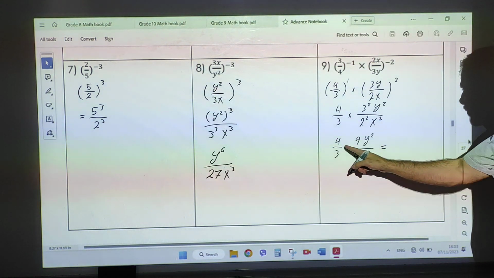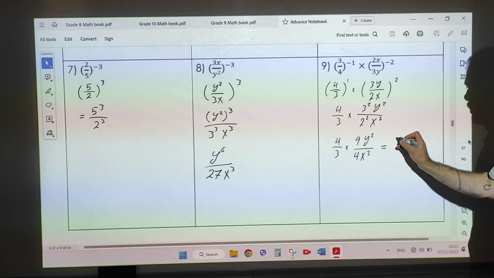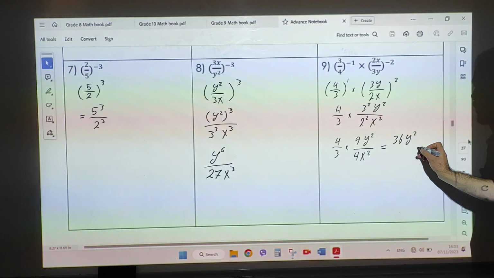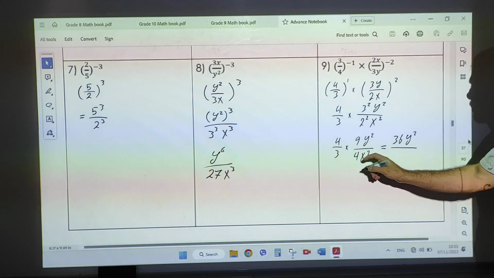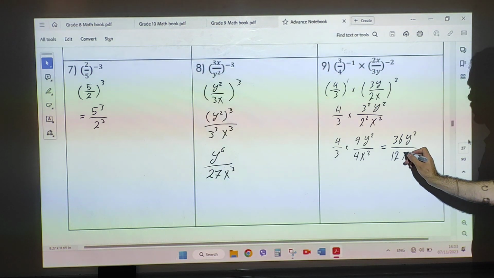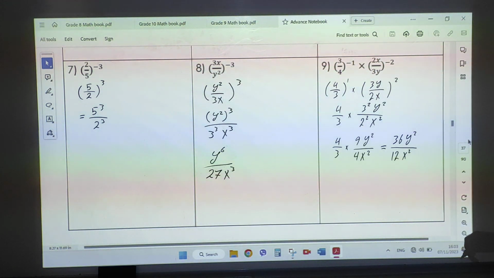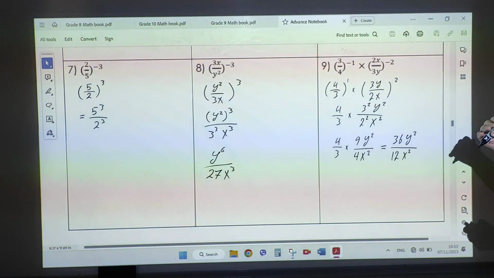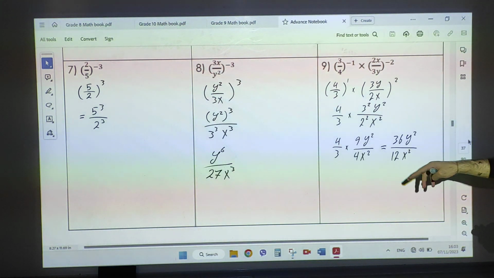Equals 4 multiply 9, 36 y power 2, over 3 multiply 4, 12x power 2. In this case, because the numbers can be simplified more, you can simplify it. 36 over 12, both of them can be divided by 12, or you can start with both of them divided by 2, or both of them divided by 3.